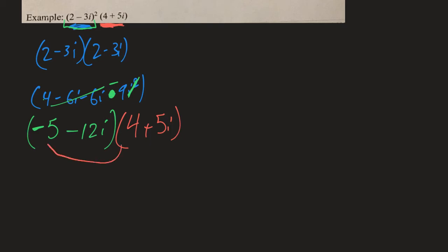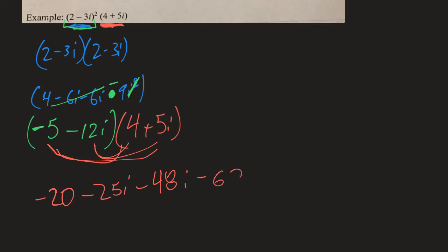Negative 5 times 4, negative 20. And we've got negative 5 times 5i, minus 25i, minus 48i, and finally minus 60i squared. Okay, let's keep simplifying the same way we have been, right?